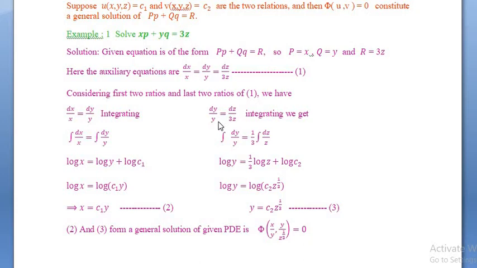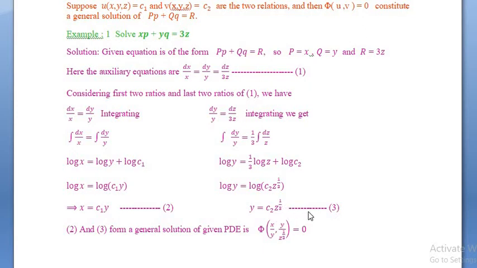And from the last two ratios of equation 1, that is dy by y equal to dz by 3z, integrating we get integral of dy by y equal to 1 by 3 integral of dz by z. We get log y is equal to 1 by 3 log z plus constant of integration log c2, that is log y is equal to log of c2 z to the power 1 by 3, that is y is equal to c2 z to the power 1 by 3.